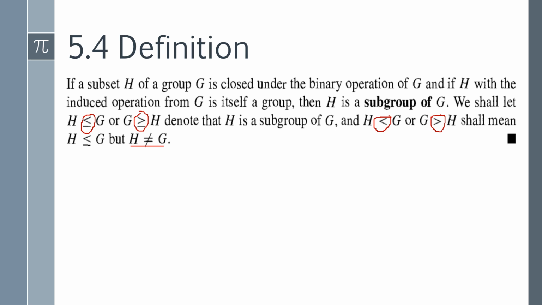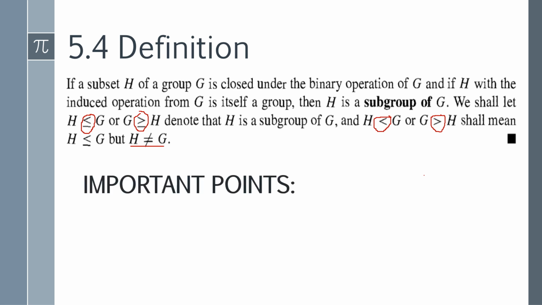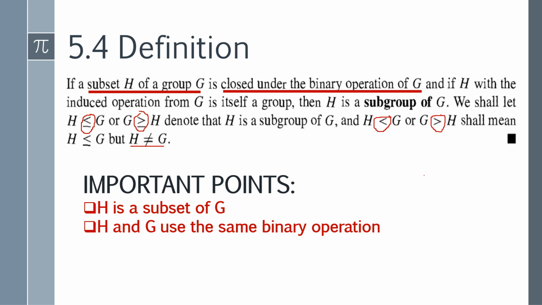Alright, so let's try to read closely these important points. Subset H of a group G means that H is a subset of G. Next, closed under the binary operation of G means that H and G use the same binary operation.